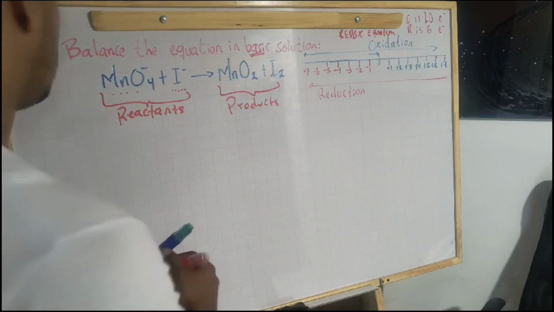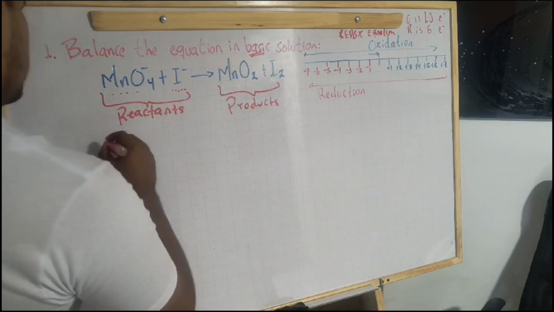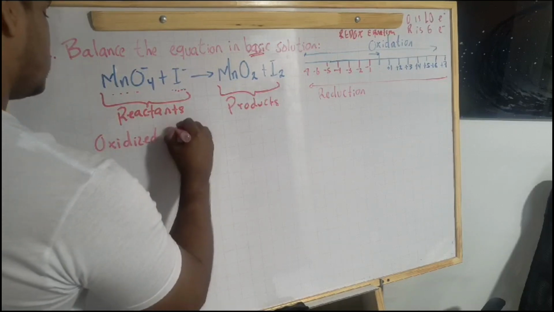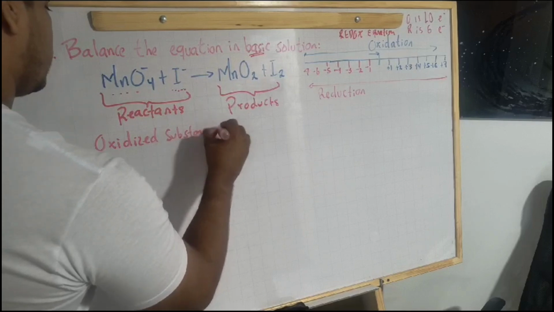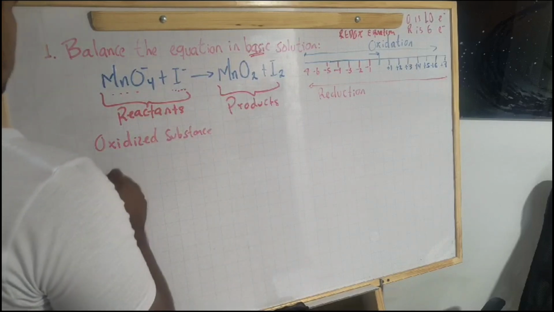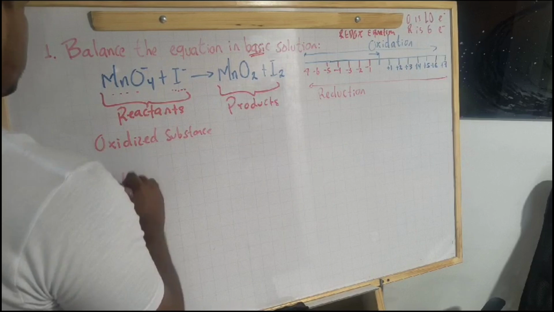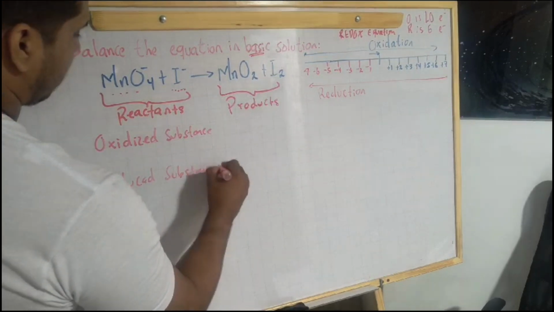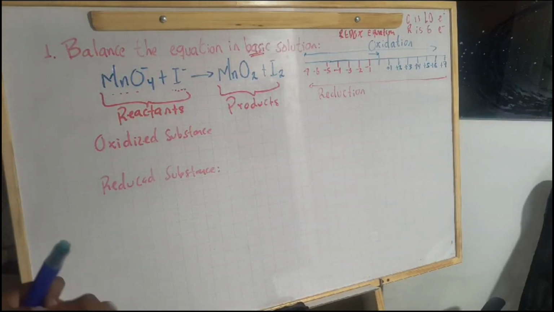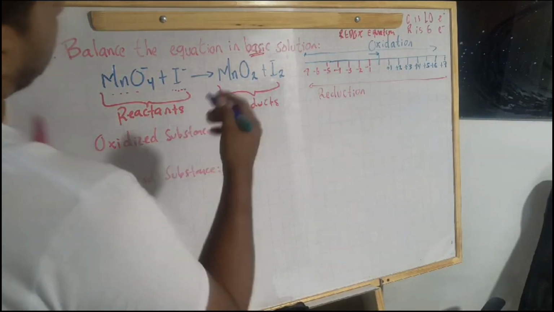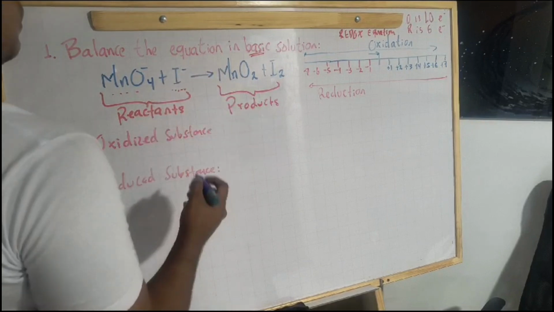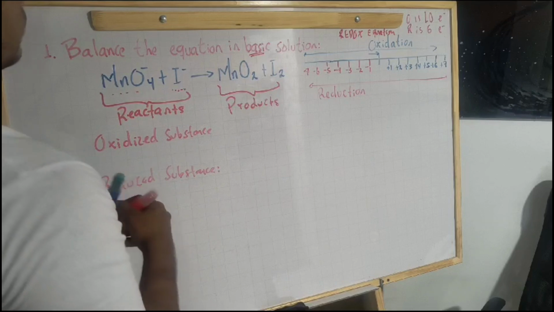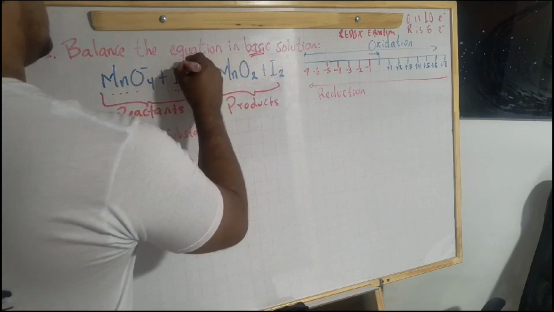So I'm going to write what is the oxidized substance and what is the reduced substance. Here, if you analyze, the iodide is going to have a negative charge.